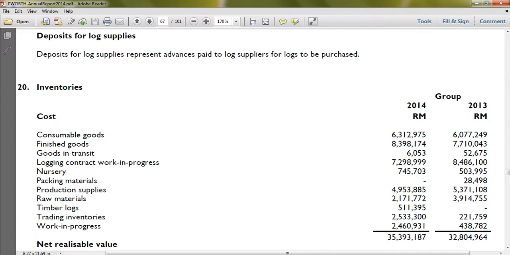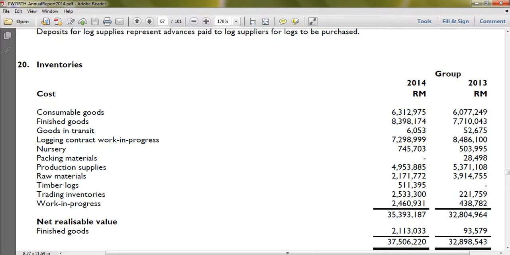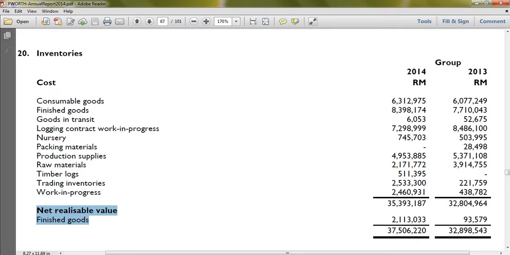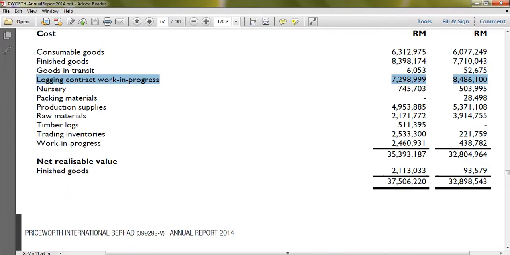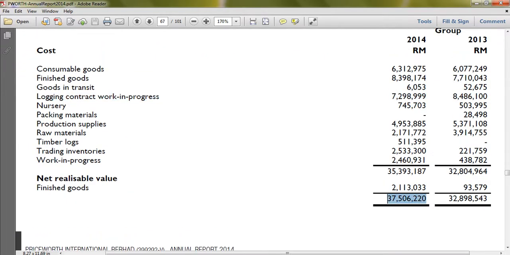As long as they're collecting the monies from the borrowers. Sounds like borrowers. So inventories, just have a look over here. Finished goods, work in progress. The most is this one. Oh man, just imagine, this is 40%.